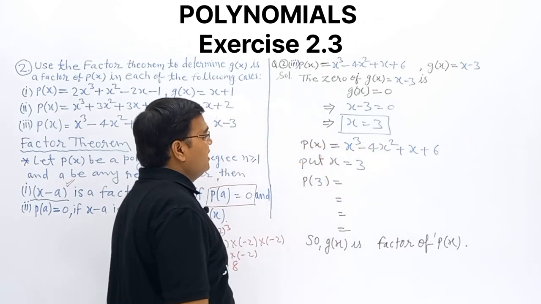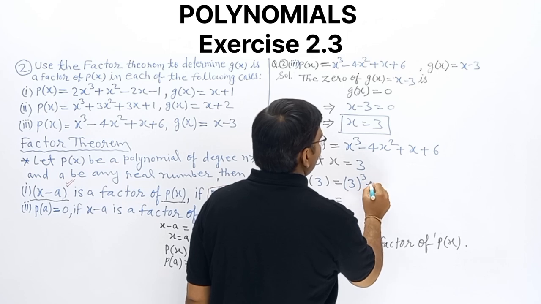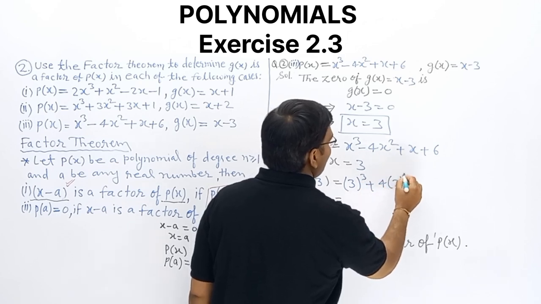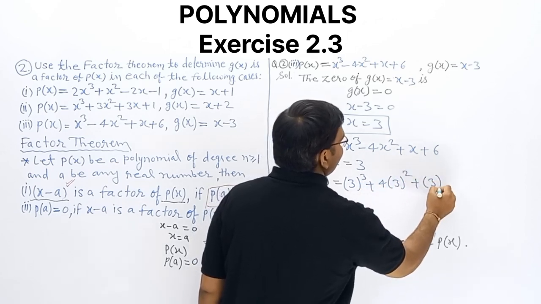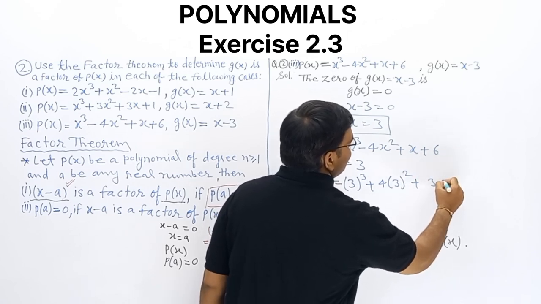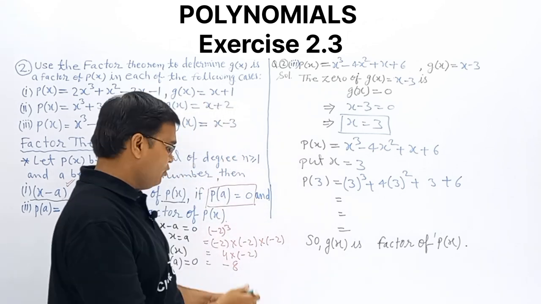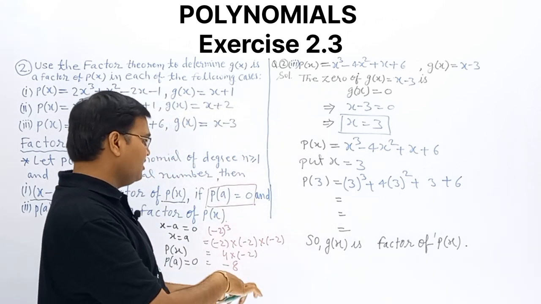P of 3 will be 3 cube minus 4 times 3 square plus 3 plus 6. Solve 3 cube. How will we solve 3 cube?